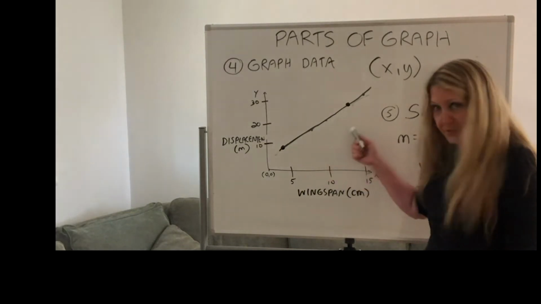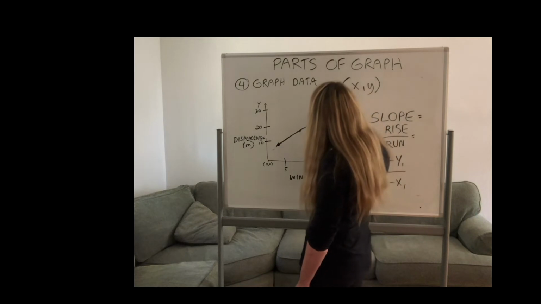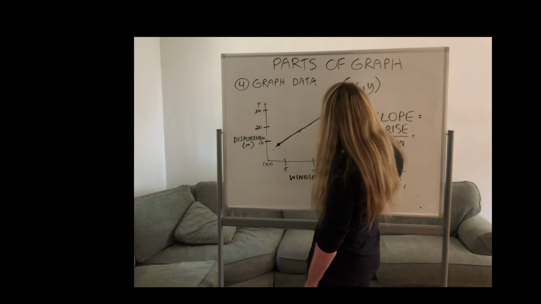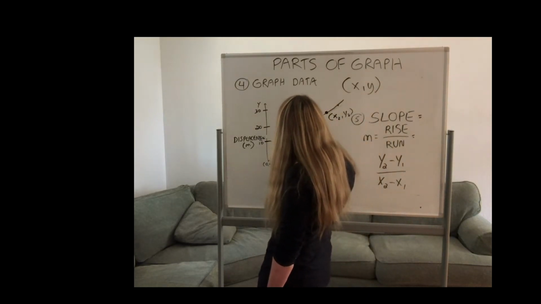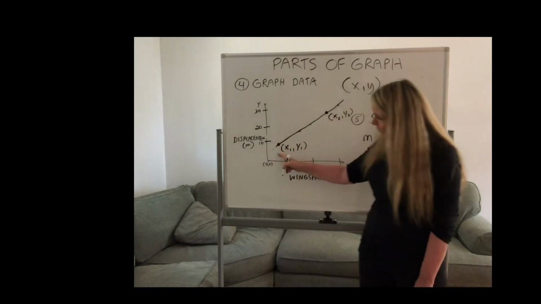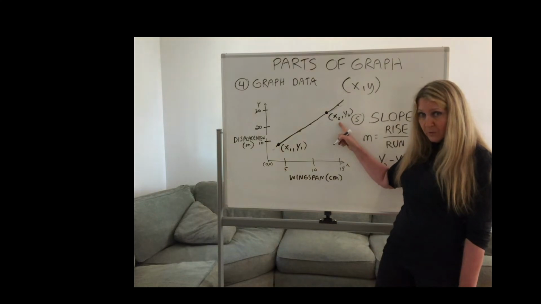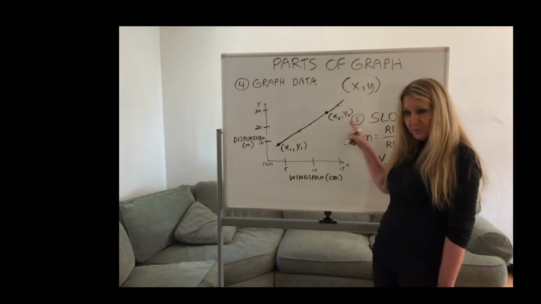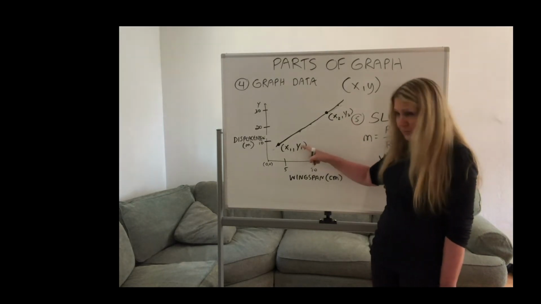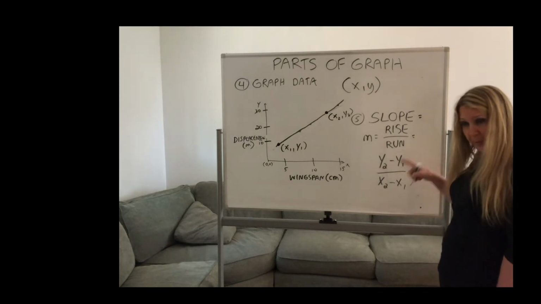So here we have a straight line. I'm going to say this point is x2, y2, and this point is x1, y1. Figure out what x2, y2, x1, and y1 are, and we're going to put them into this formula.